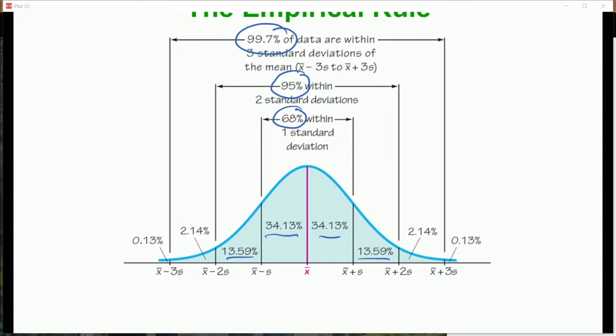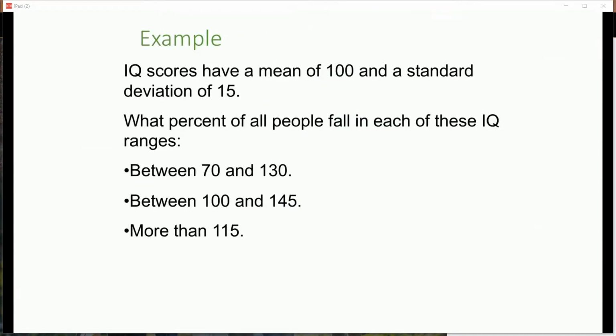But for now, we're just going to use those three. So this is approximately 68%, which means each of these is approximately 34%. Those are approximately 13.5, so that you can add those up and get 95%, and so on. So 68, 95, 99.7.